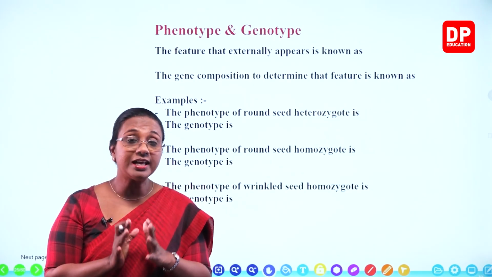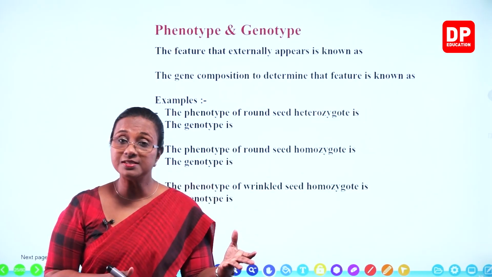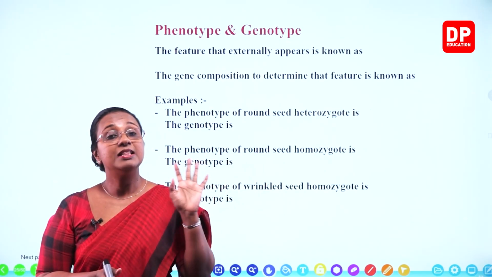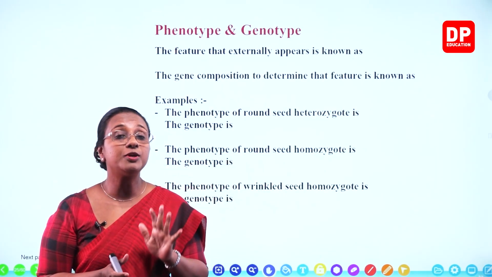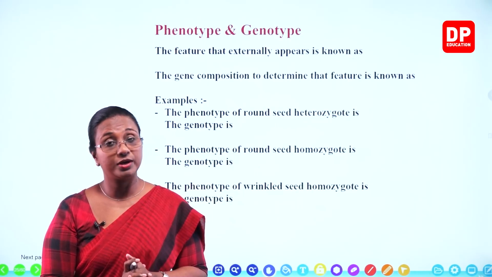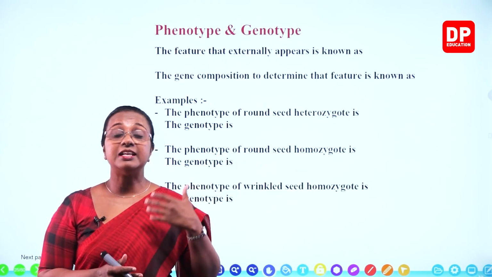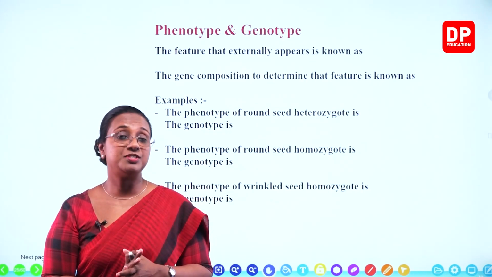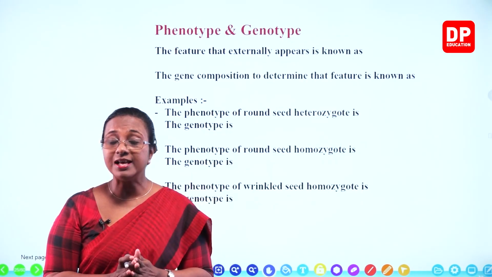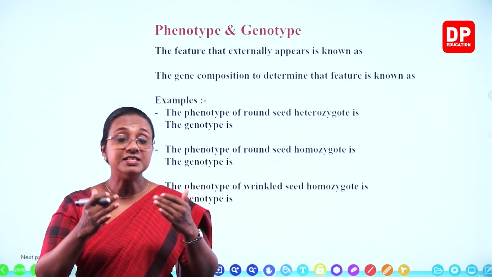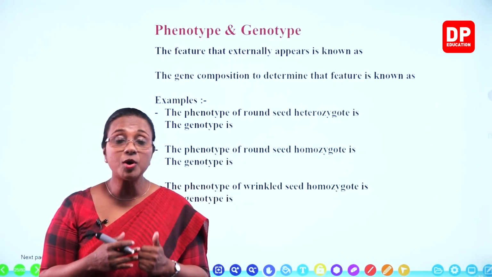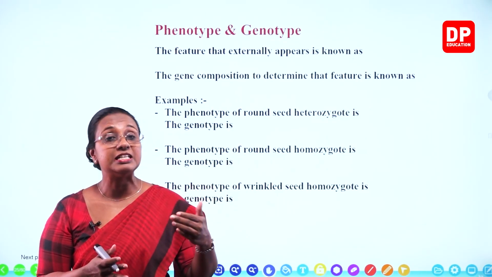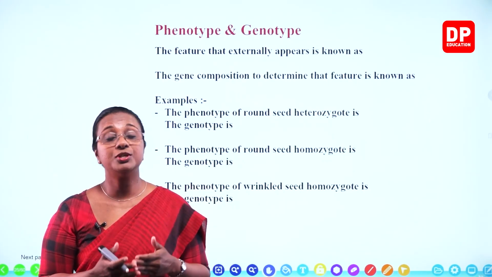So that tall character that was expressed, that we see, is known as the phenotype of a particular organism. The character that is observed or expressed by a pair of genes is what we call phenotype. And the gene pair that is responsible for that character is what we call genotype.